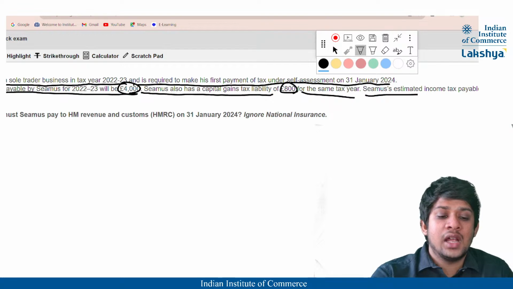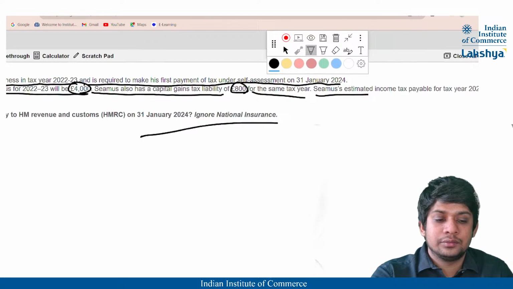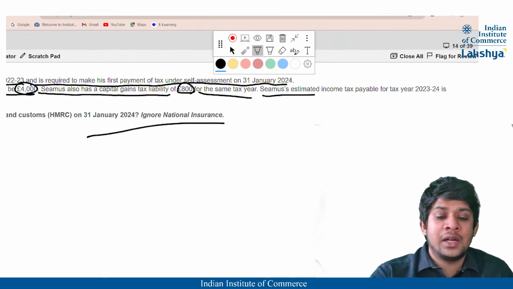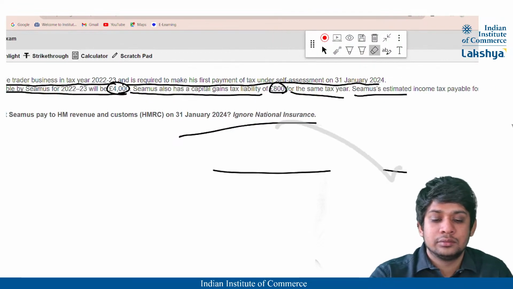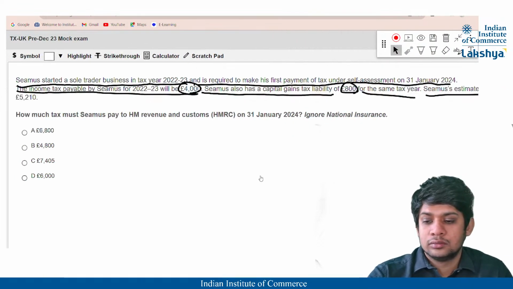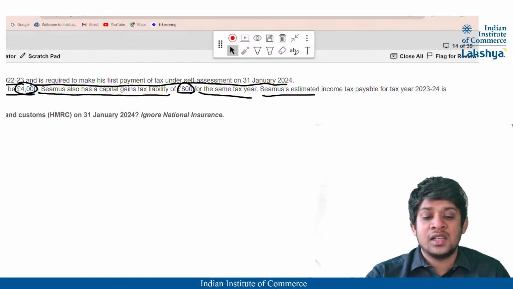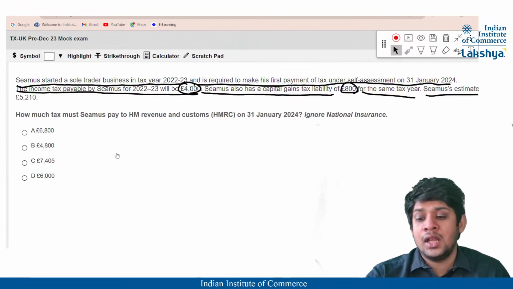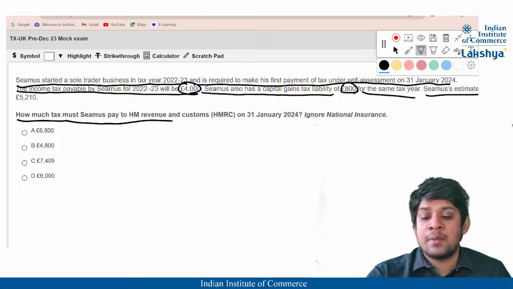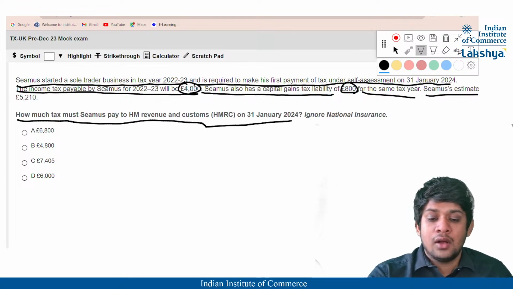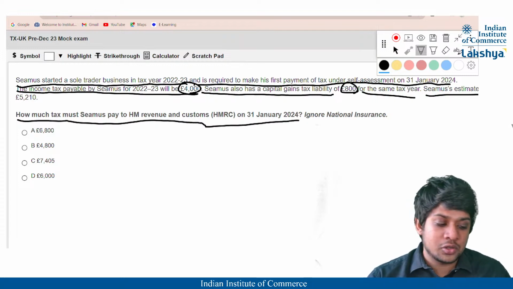CMA estimated the income tax payable for the tax year 2023-24 is 5,210. How much tax must CMA pay to HMRC on 31st January 2024? Ignore any national insurance contributions.